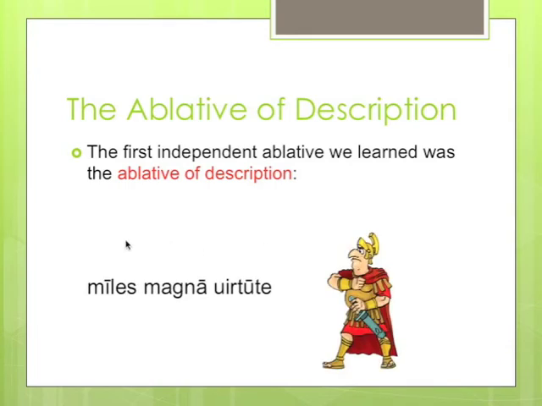For instance, miles magna virtute, a soldier with great virtue. We would probably better translate that into English as a soldier of great virtue. But in fact, it's literally a soldier with great virtue, because we generally translate the ablative with the with.